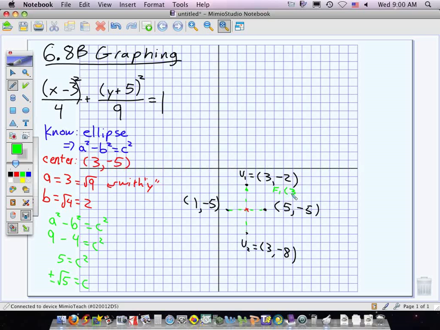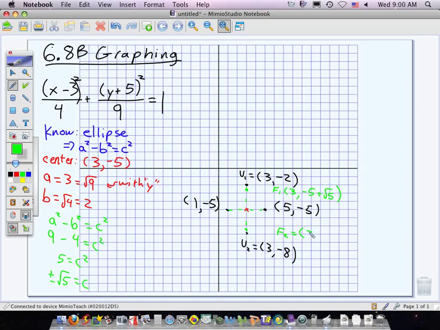Let's see, we're at 3, -5. We didn't go left or right, so we're still at 3. And then our y-coordinate, we're at -5. And we went up the square root of 5. I'm just going to label it that way. I wouldn't bother to get the decimal approximation. And then here, we're at 3, -5, we went down.